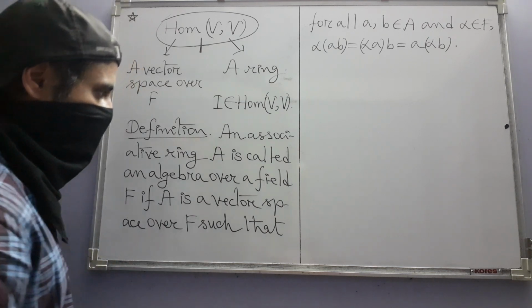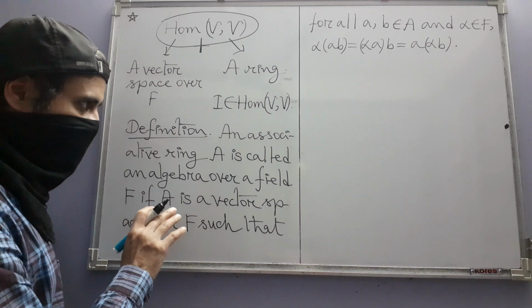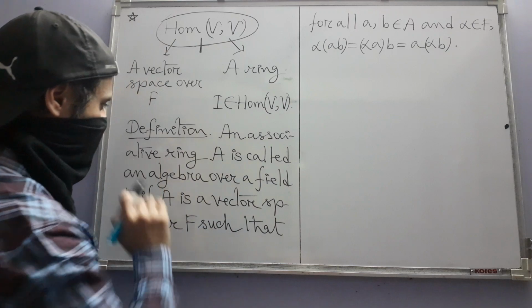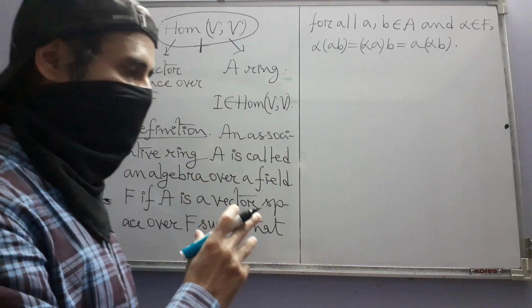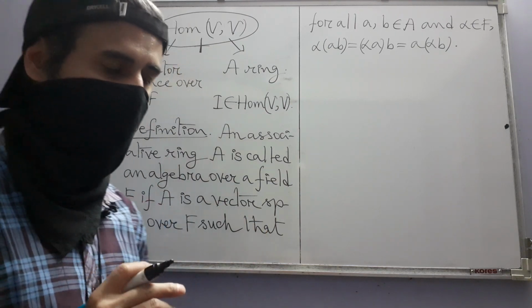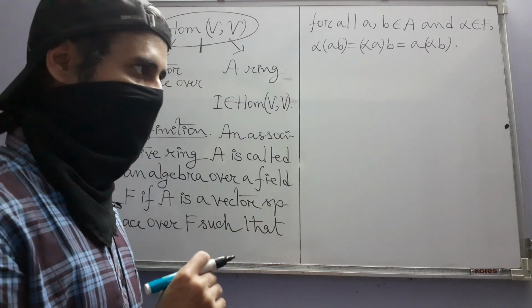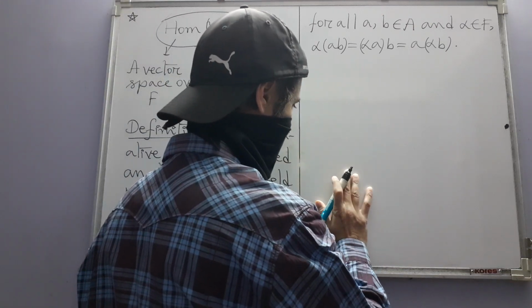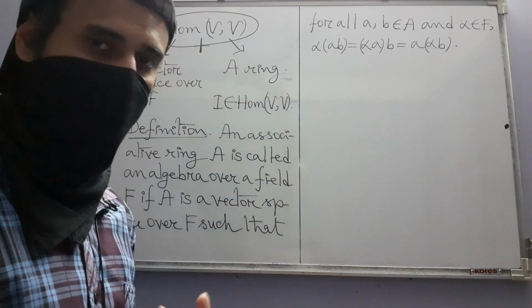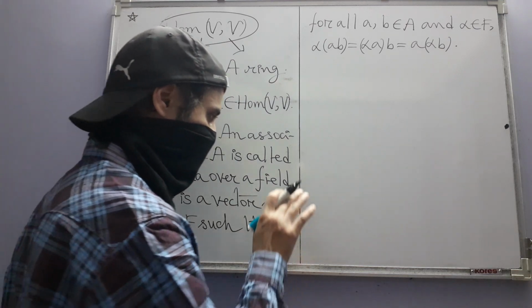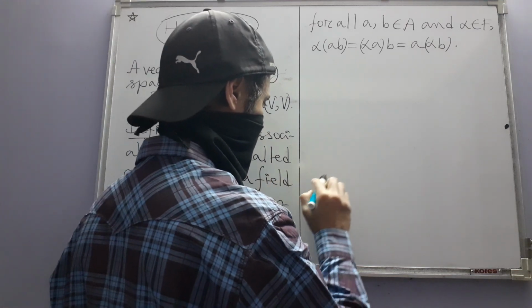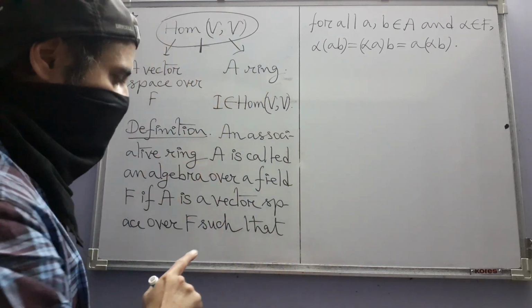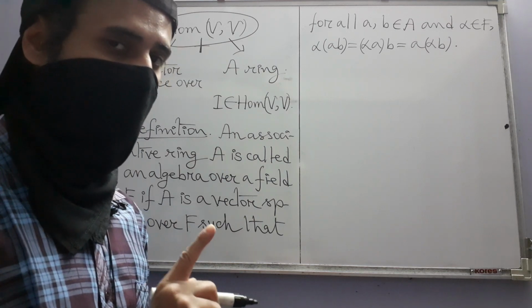Now, which one should I address first? Let me just first say something about this associative ring. If you go back to the definition of rings in Herstein, there was one part which is very easy to forget. Herstein defined a ring the way we already know, but at one point he mentioned that it is not actually necessary that the multiplication in a ring be associative always.